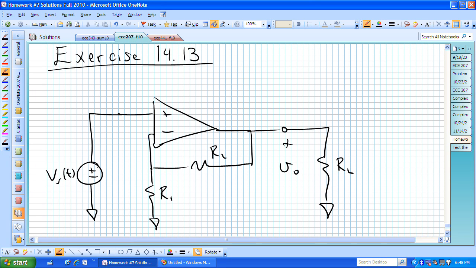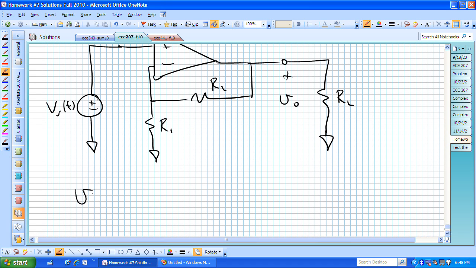And this particular circuit now is going to give us a relationship if we were not in saturation or any other limitations. This would be the relationship for a non-inverting op-amp, which is 1 plus the ratio of those two resistors.